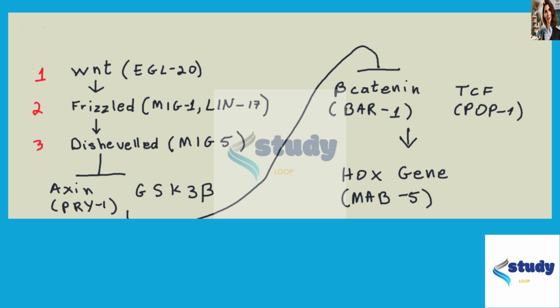Disheveled downregulates level 4, which is the axin and the GSK. These two downregulate beta catenins, level 5, and beta catenins and TCF upregulate the expression of this gene called the Hox gene. Okay, so I'll try to make sense of all of this practically in a second, but let's just stick with this for now.